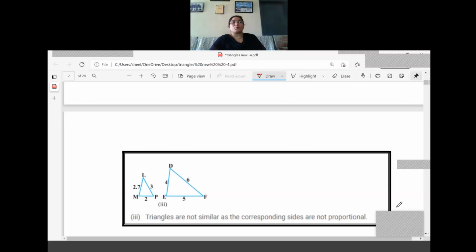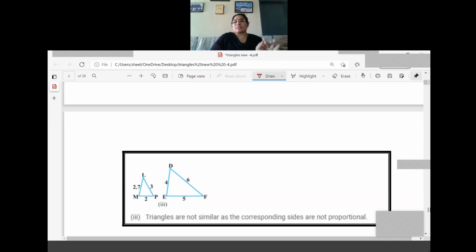And 2 by 4 is also possible. But for 2.7, we are not able to find anything double of it. All three sides are given, so it should be SSS only possible.